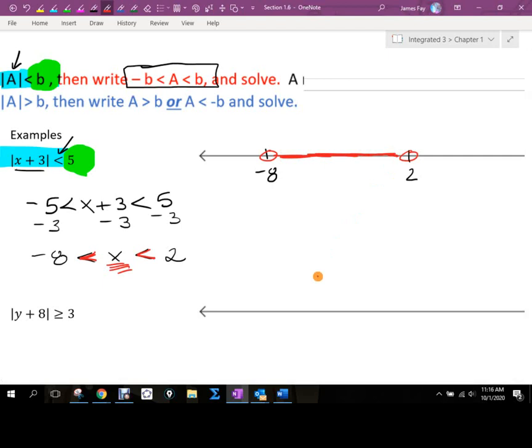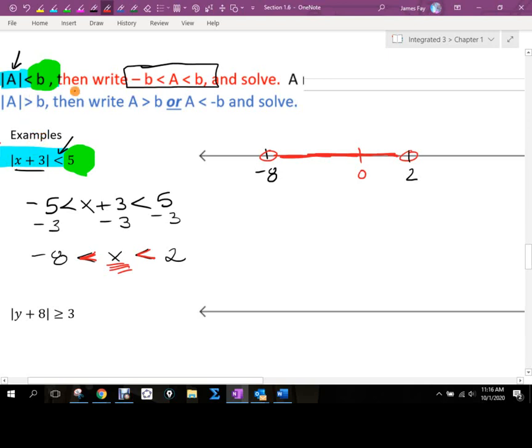And because X is between in this statement, I'm going to shade between on my graph. Now think about what these solutions mean. Any number I pick between negative 8 and 2, when I plug back in for X, should give me a true statement. So if I plug in 0, 0 is in here, right? What's 0 plus 3? 3.